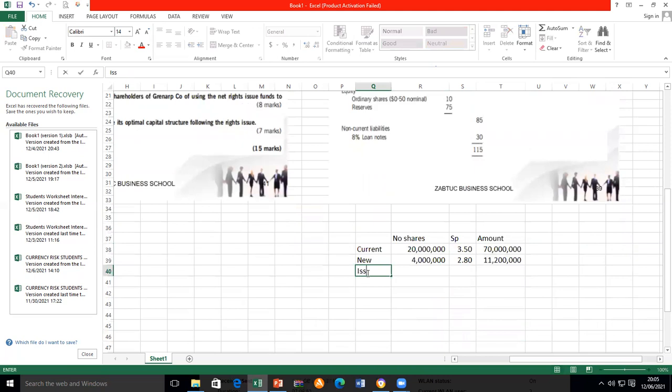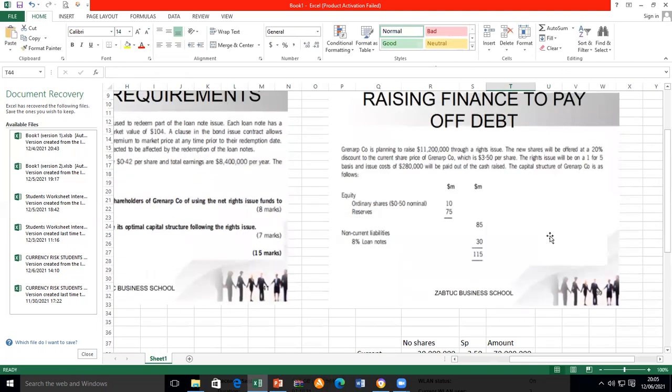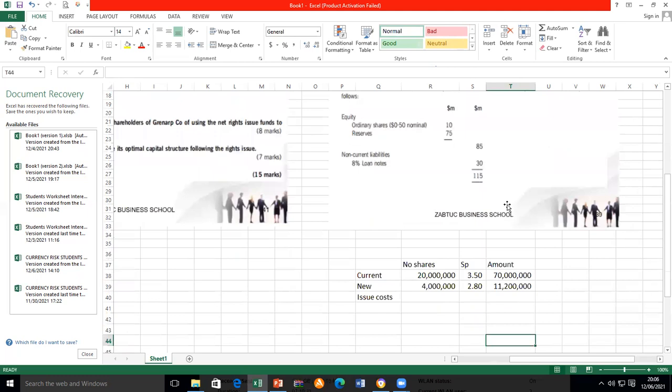So I'll put in the issue costs. So what's the net?